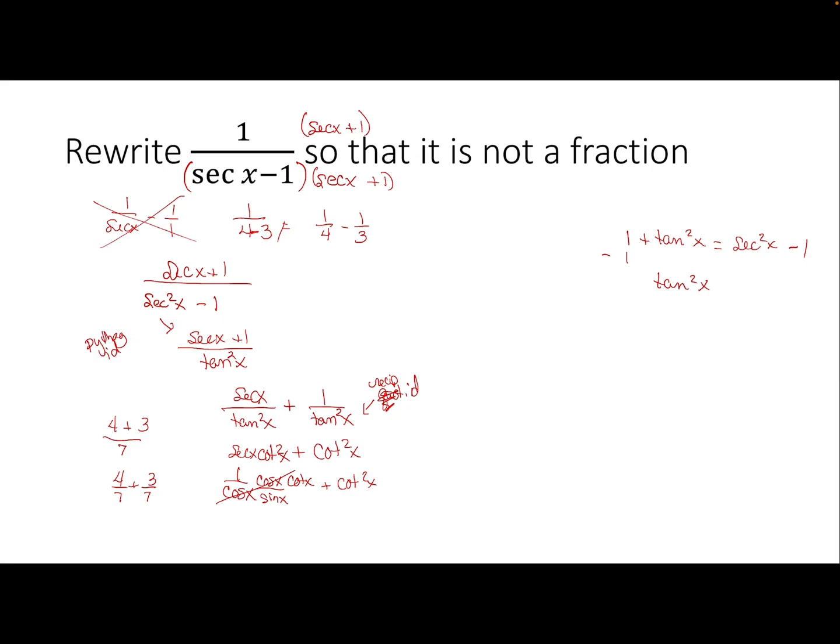Cosines will cancel, and we'll be left with 1 over the sine, which is the cosecant of x, times a cotangent of x plus the cotangent squared of x. No more fractions.